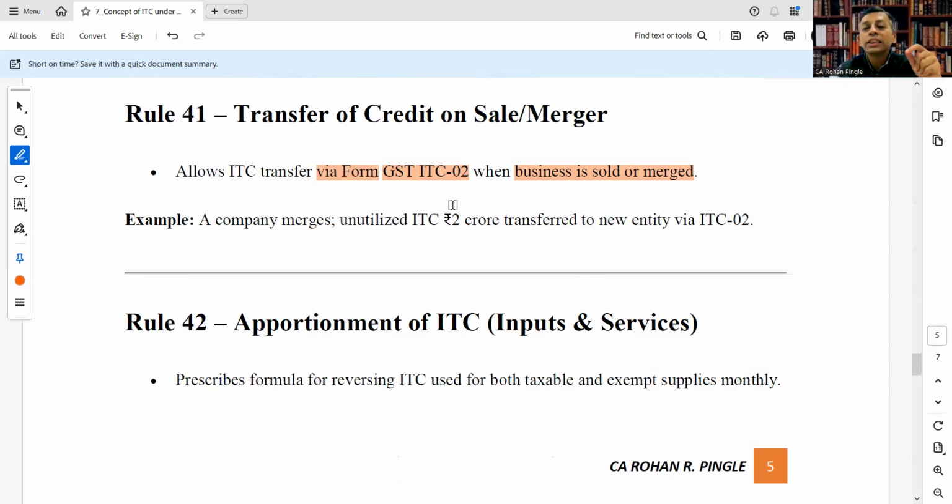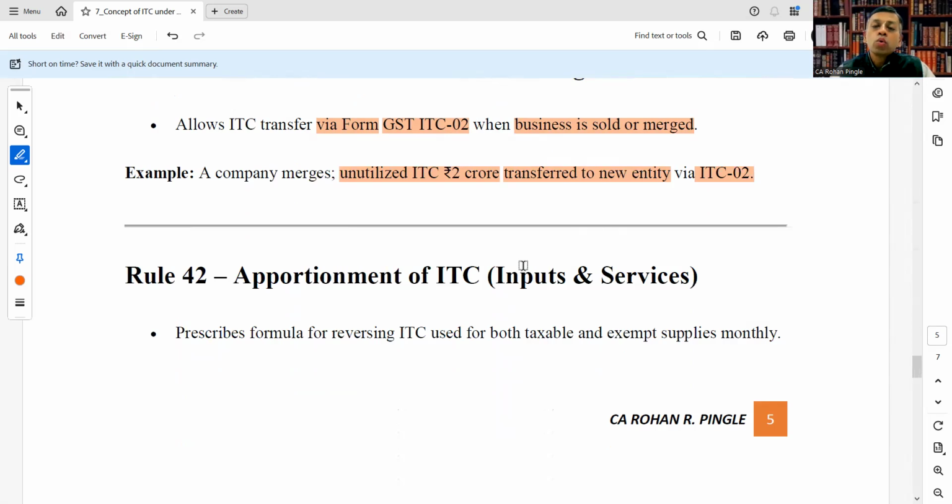You have to use GST ITC-02 to transfer that credit to the succeeding person. Example, in a merger, unutilized ITC of rupees 2 crore is transferred to the new entity via ITC-02. When you use this ITC-02 and transfer the credit, only then can the succeeding company use that ITC. It must be reflected on the portal.